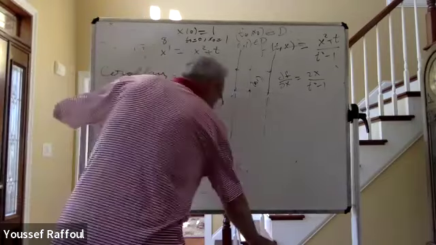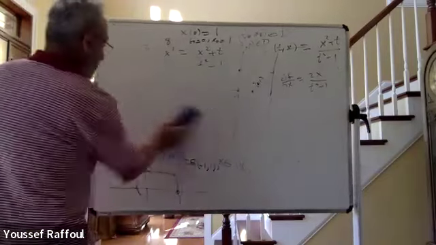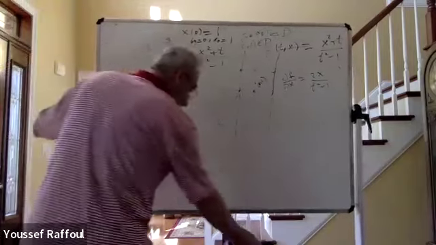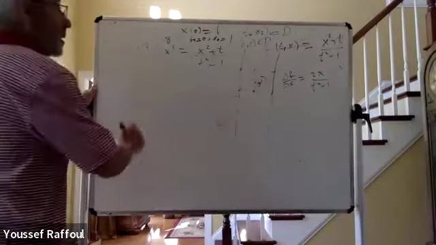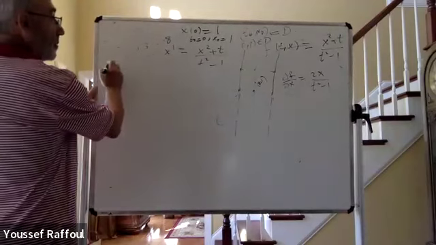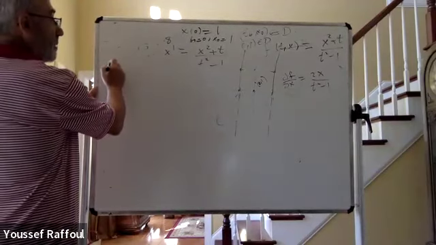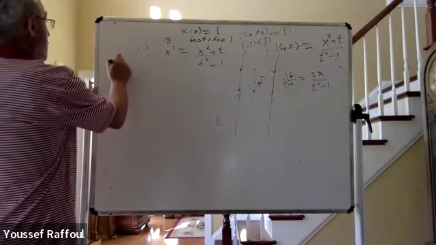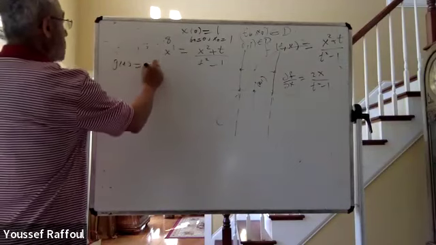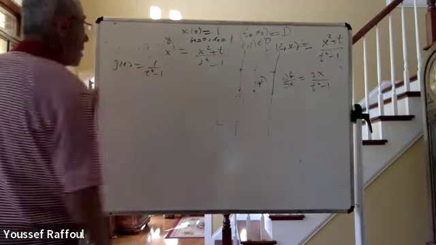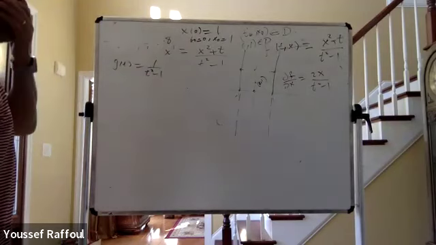If you want to maximize g of t is 1 over t squared minus 1, okay?